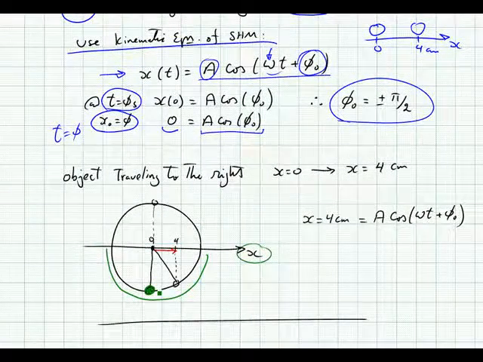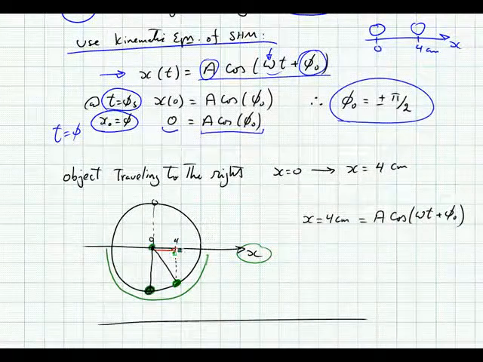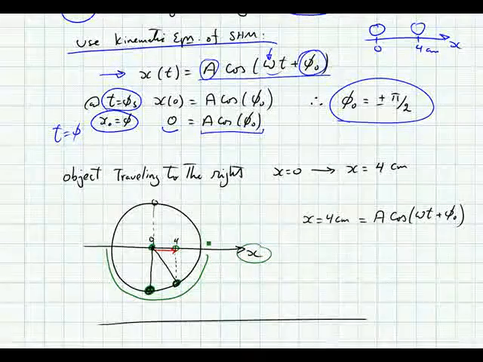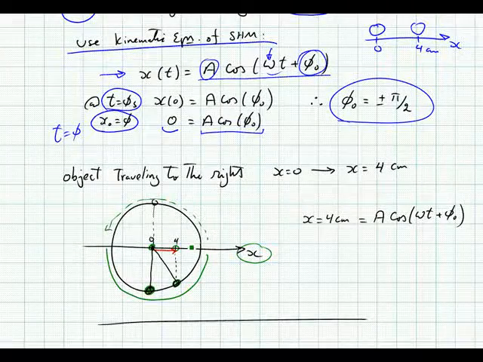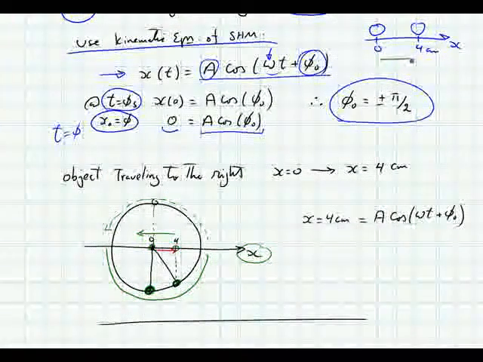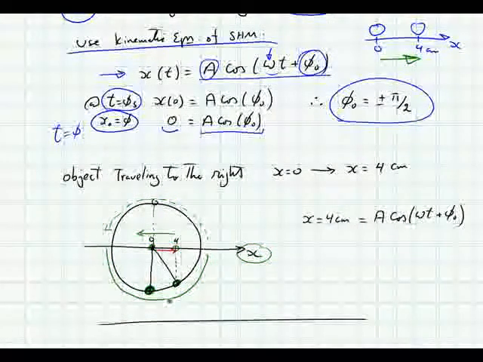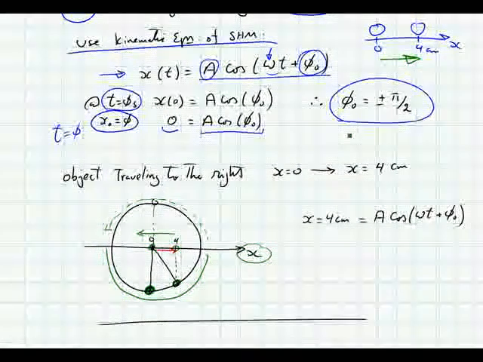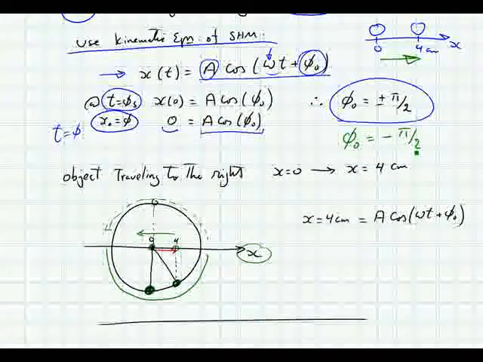The object starts here, its projection is 0, and when it's over here, the projection is at 4 centimeters. In the upper half of the circle, the motion of the object along the x-axis is to the left. But since here the object is moving to the right, it's the lower half of the circular path that we care about. Therefore, phi naught is minus pi by 2.